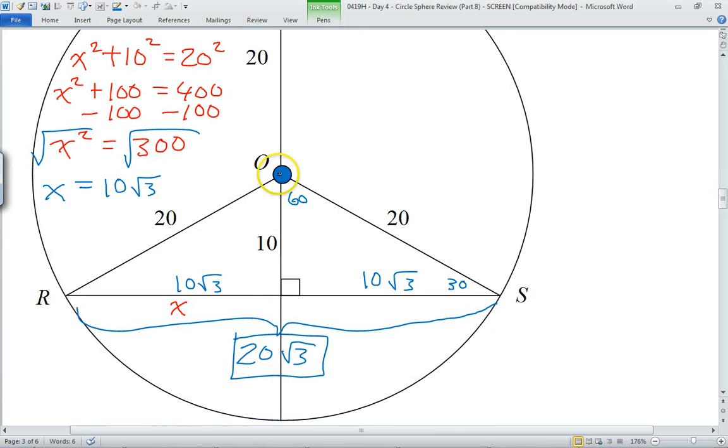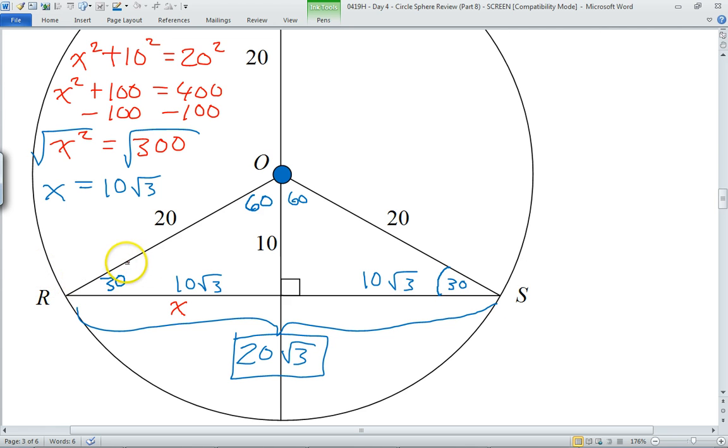Angle O to the R to the S. Well, that's going to be just the same as what I did over here. I could have just done it on this side. This is going to be a 30, 60, 90 triangle. And again, I know that because the 10 is half of the 20, and that only happens when it's a 30, 60, 90 triangle.